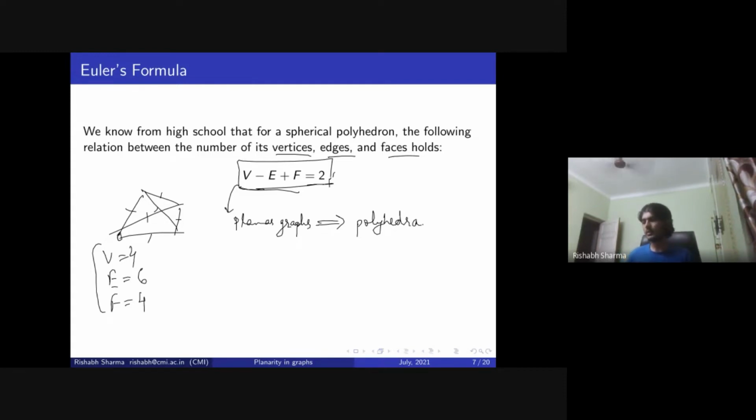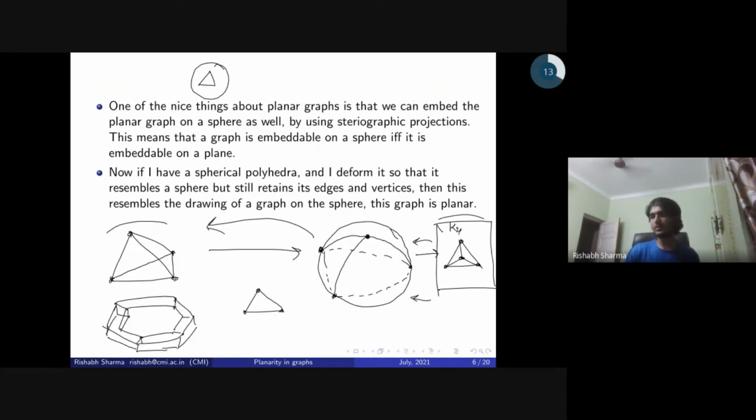If I can prove Euler's formula for all planar graphs, I can also prove it for the planar graphs which have a polyhedra associated with them. Then, using this correspondence of drawing it on the sphere and deforming it to get a polyhedra, I'll know that Euler's formula also holds for spherical polyhedra.